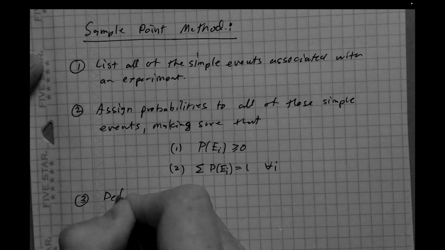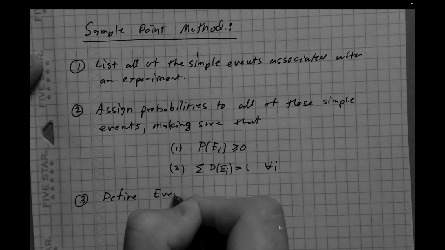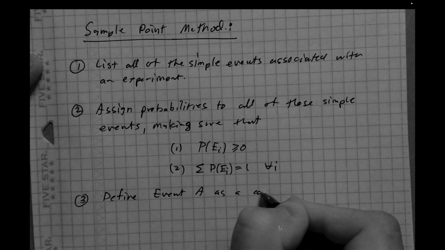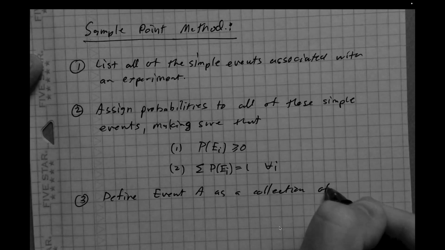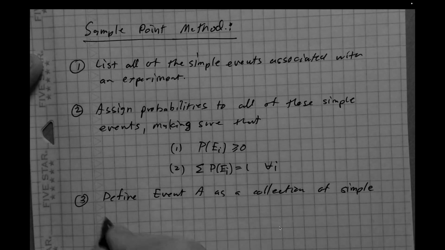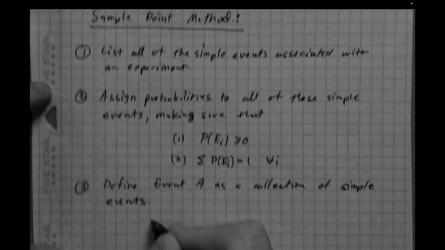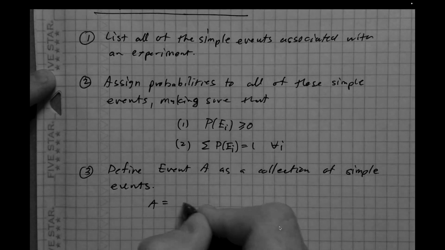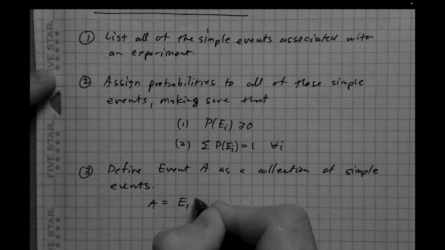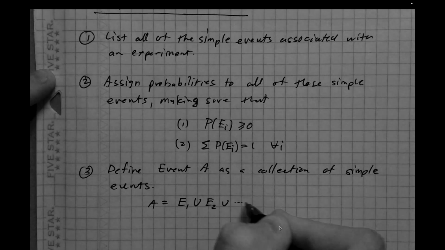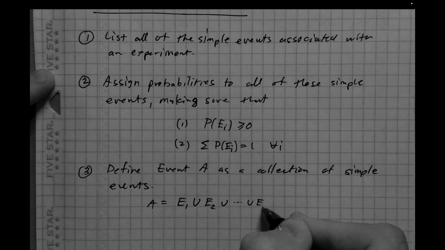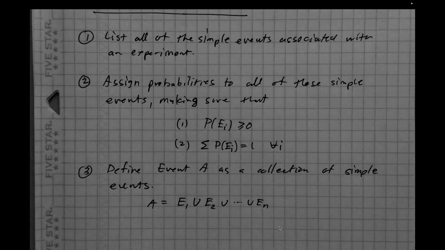So A is equal to, maybe we'll say E1 or E2 or whatever, or En, right? So some finite collection of events. So A is defined as a collection of simple events.